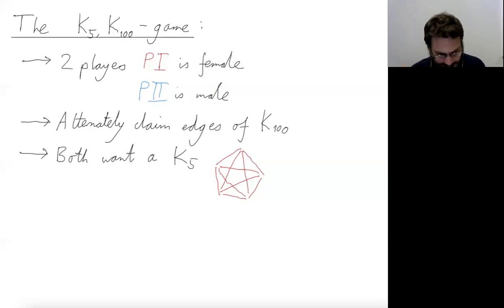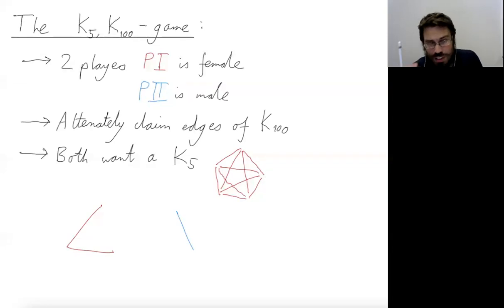They're playing on a board which is a complete graph on 100 vertices. The two players take turns, player one, logically enough, playing first, and on a turn you can just claim an edge of this complete graph on 100 vertices and color it with your color.